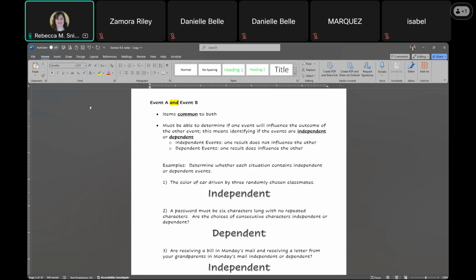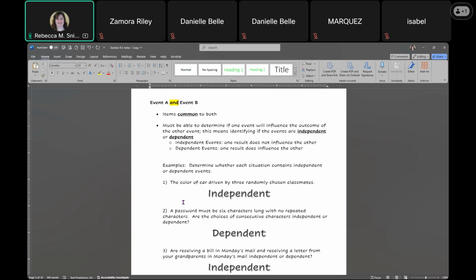Independent events means the first event has no influence over the outcome of the second event. Dependent events says the first event has a direct influence over the outcome of the second event. Okay, so if we look at these examples here, this first one is the color of a car driven by 3 randomly chosen classmates. This is an independent event. Why? Well, for example, I drive a blue Acura RDX.